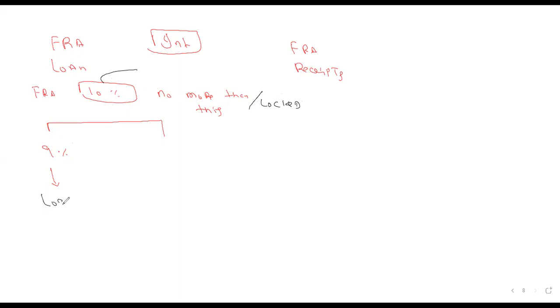So this is a loss. When there is a loss, I will pay to the bank. And now let us say interest has gone at 11%, but I have locked at 10%. This is the benefit for me. So now I receive from the bank.